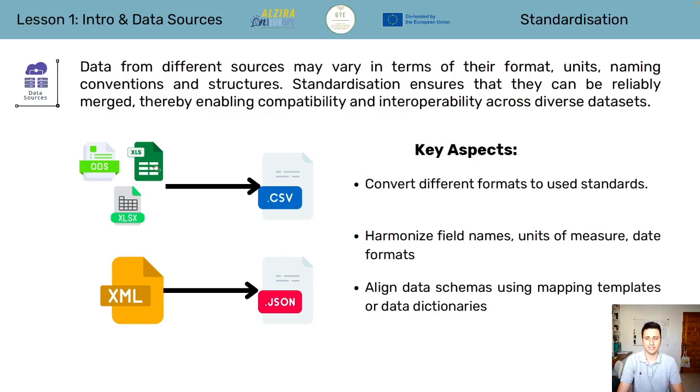Each one is processing those documents in different formats like XLS, XLSX, ODS. They are both spreadsheets, the same type of documents. Okay, but in order to process them into big data, we need to use a CSV document. Okay, so we should transform or convert all of those formats to CSV in order to use the standard.